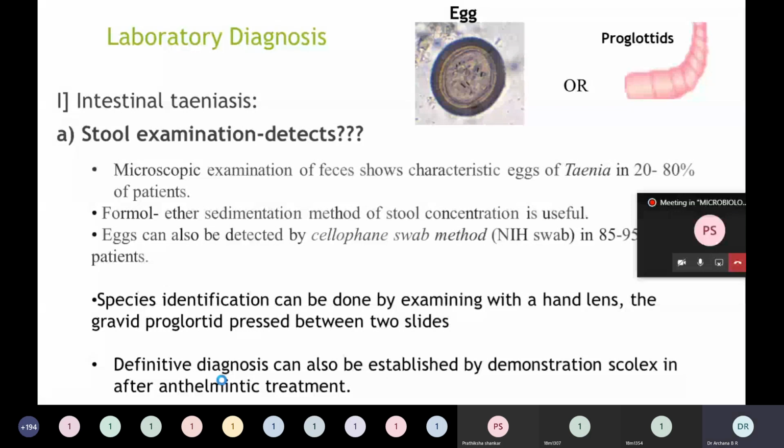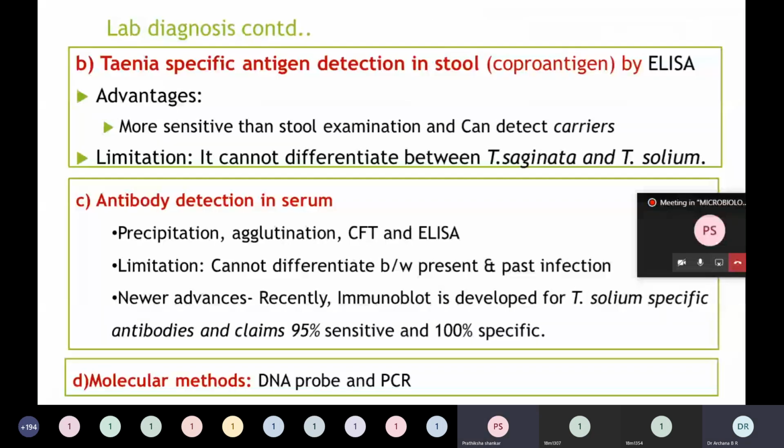Taenia specific antigen detection in the stool, coproantigen by ELISA. Advantage, it is more sensitive than stool examination and can detect the carriers. Limitation, it cannot differentiate between saginata and solium. Antibody detection in the serum by precipitation, agglutination, complement fixation test and by ELISA.